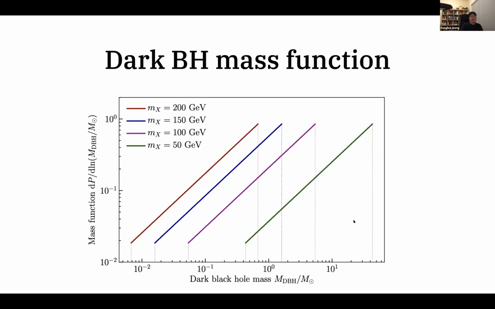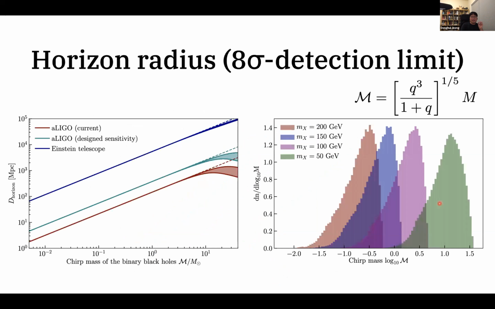These very tiny, light black holes can be detected by LIGO, Advanced LIGO, LIGO-Virgo, and then the Einstein Telescope. Here, the left-hand side plot is the chirp mass. As a function of chirp mass, it shows the horizon distance, which is the detection limit. For solar mass black hole binaries, current LIGO can reach out to 100 megaparsecs.